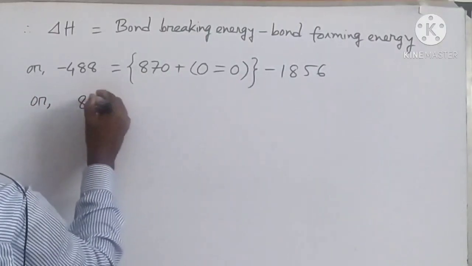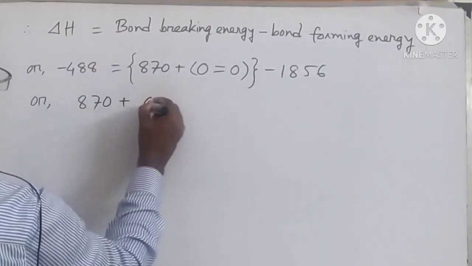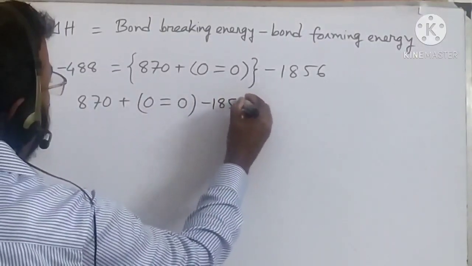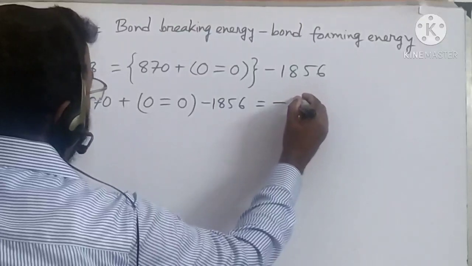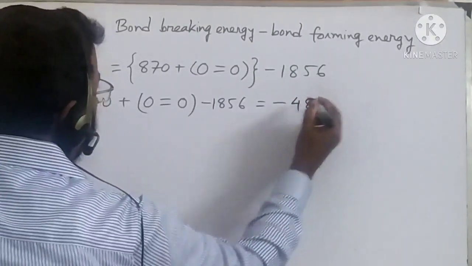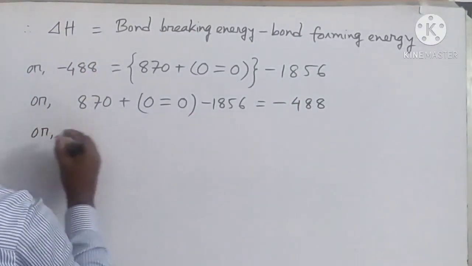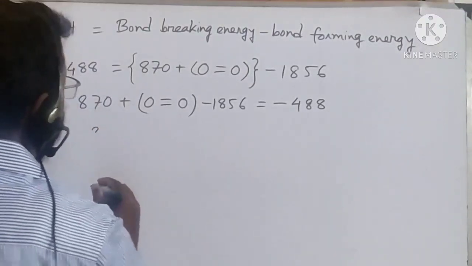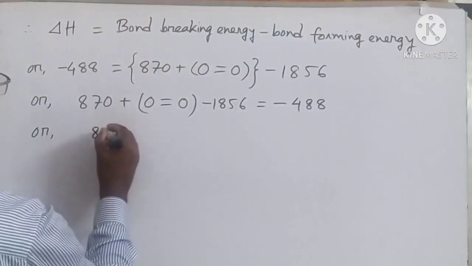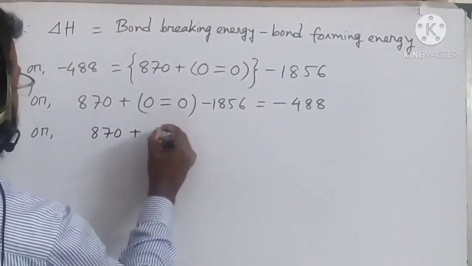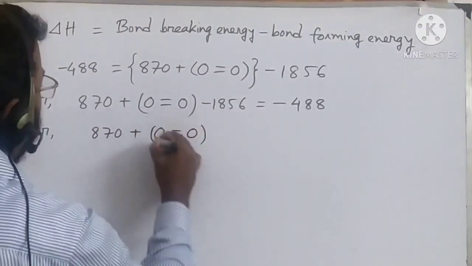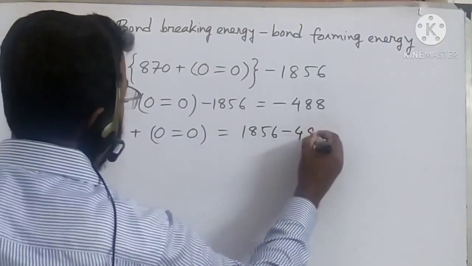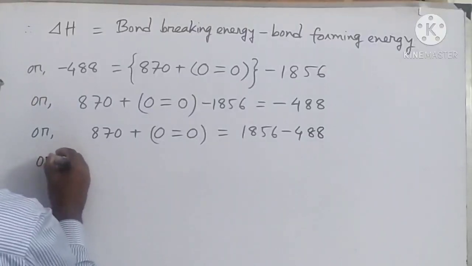Okay, now let's write this on the left side and this one on the right side. So now 870 plus oxygen double bond oxygen equals 1856 minus 488.